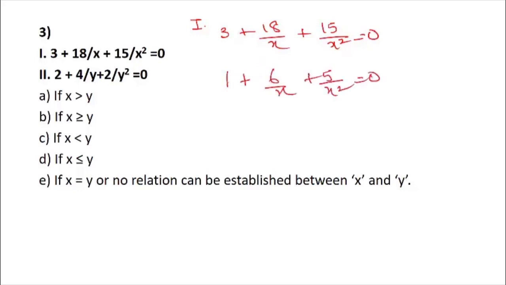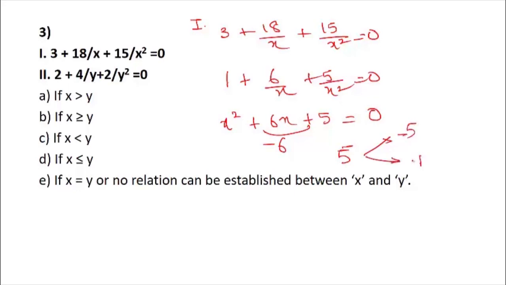Okay, so what you can do is multiply it by x square on both sides, left hand side and right hand side. You will get here 6x, and this would be 5 and 0. Okay, so follow the same method. Now this is minus 6x, and this 5 into 1 is 5. Break it into two factors, 5 and 1. So this is minus 5 and minus 1, so the values will be minus 5 and minus 1.